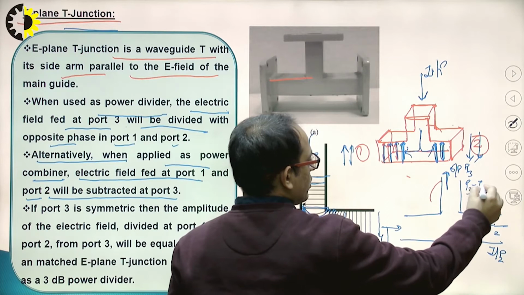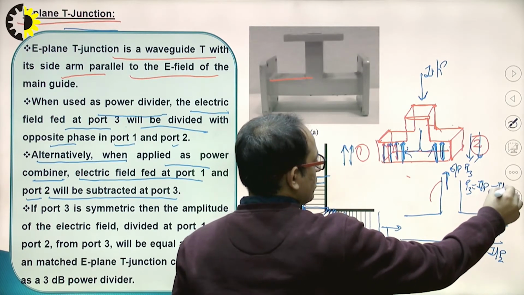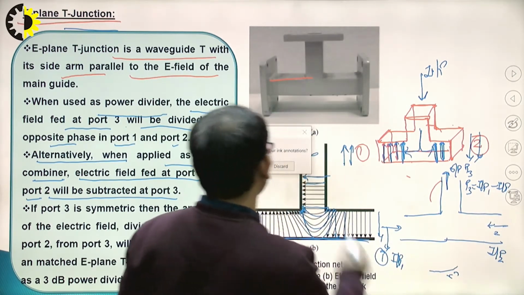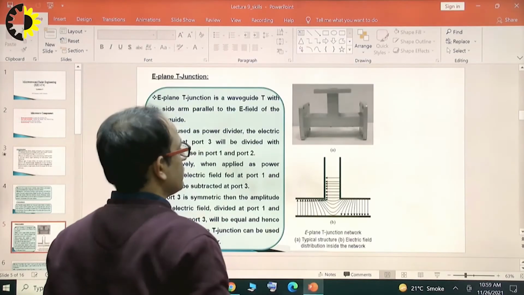It will be input 1 minus input 2. Clear?